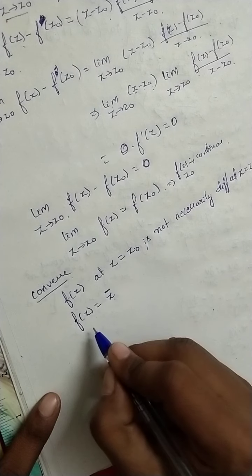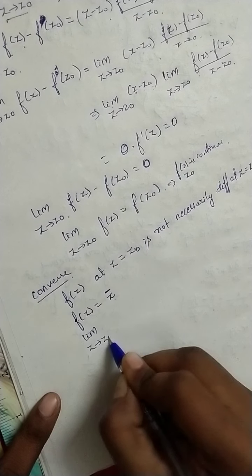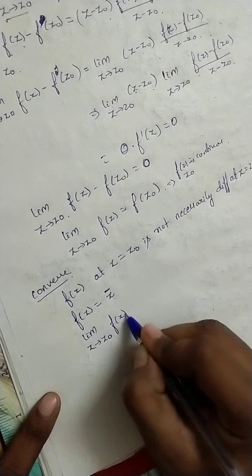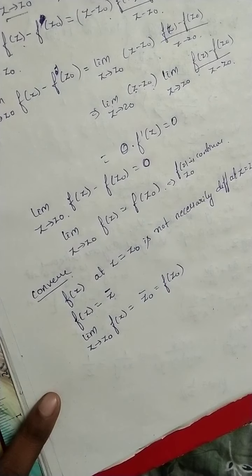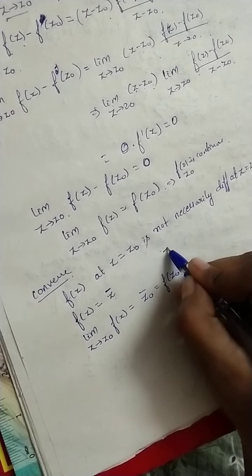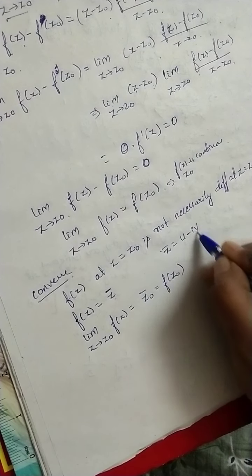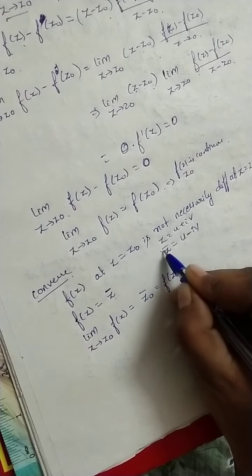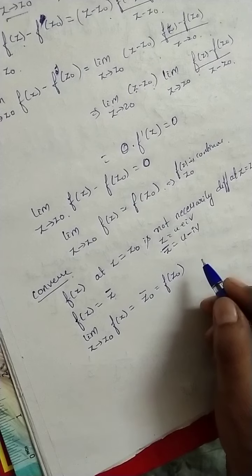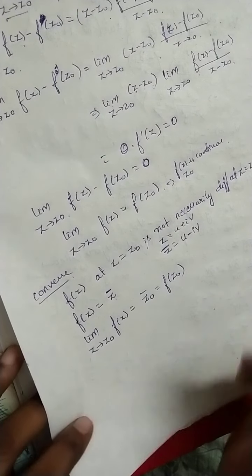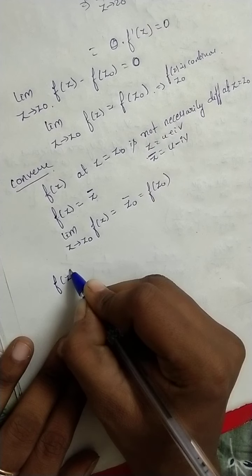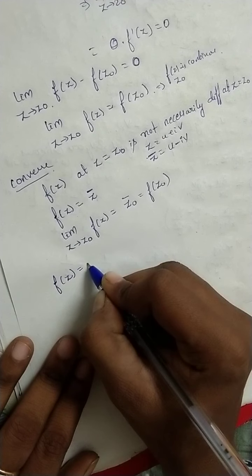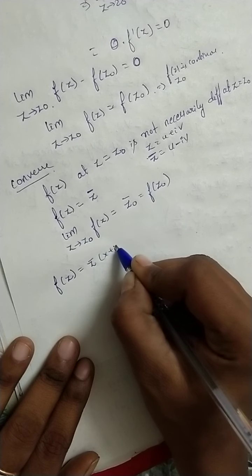If we apply the limit z tends to z naught for f of z equals z bar, it equals z naught bar, which is equal to f of z naught. We already know that z equals x plus iy and z bar equals x minus iy. Now consider again f of z equals z bar of x plus iy.